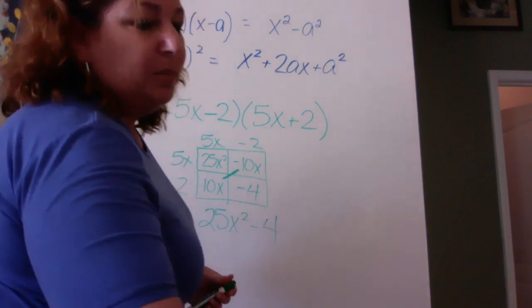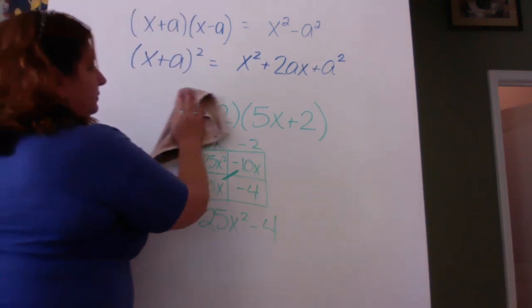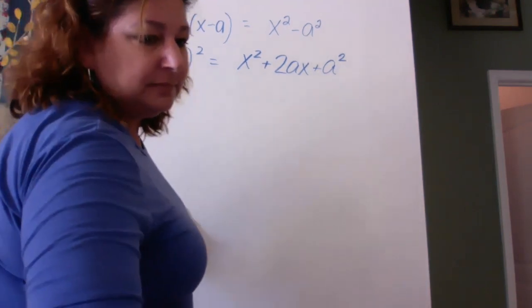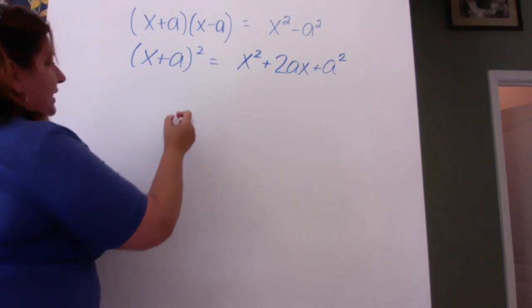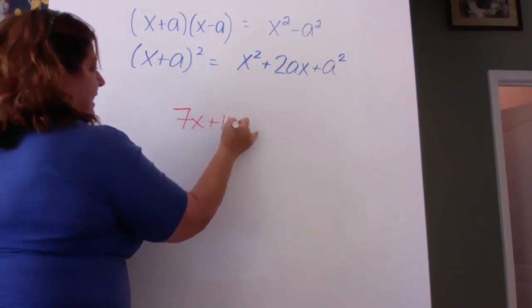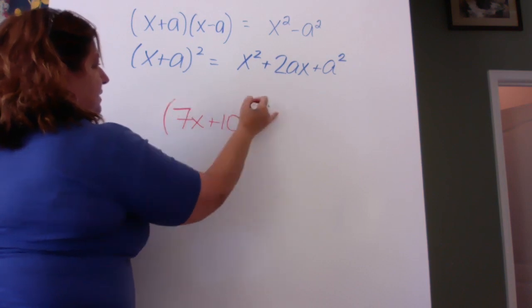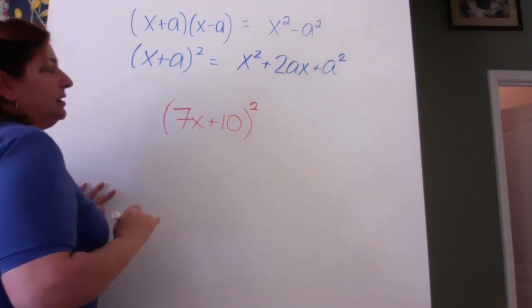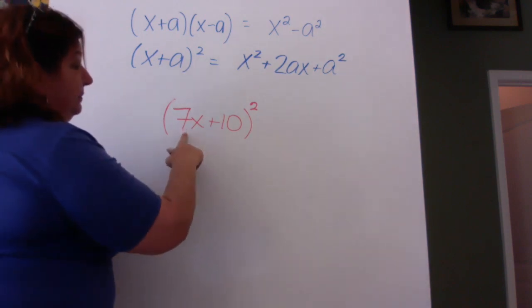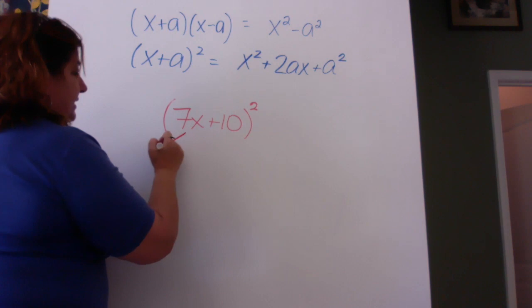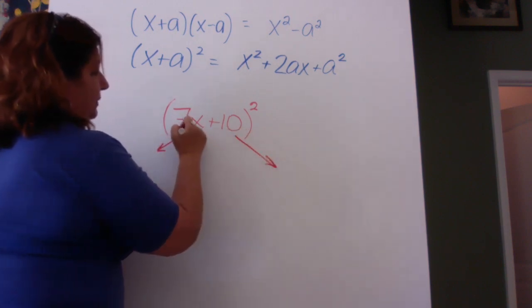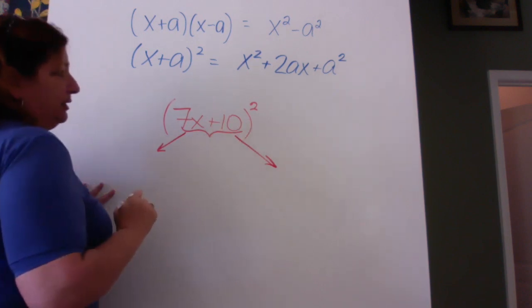And here's one more. If I was given 7x plus 10 squared, because it's the same binomial, that tells me I'm going to square that term, square that term, and multiply these and double it.